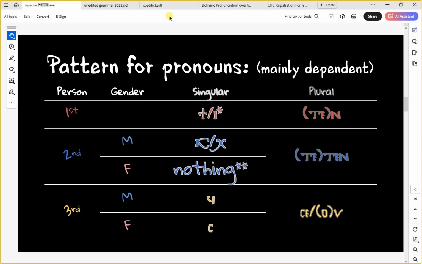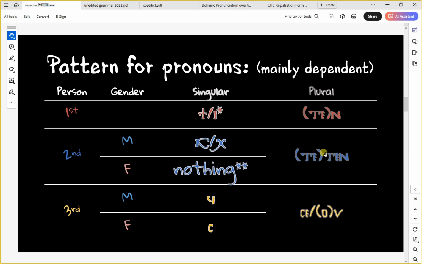So for second person plural, you see it's either te-ten or ten, the same thing as the one above it. If it's a prefix, you would put te-ten, but if it were anything except a prefix, you would drop the first te and put ten. But also second person plural is a bit weird. So for example, if you want to say with you, meaning with you all, you say nemoten.